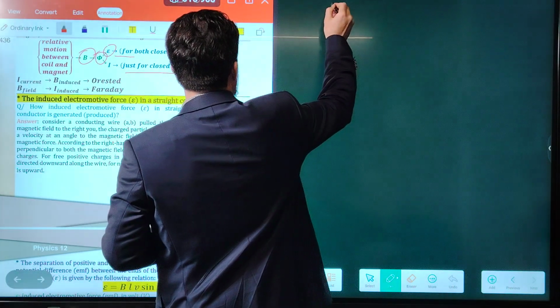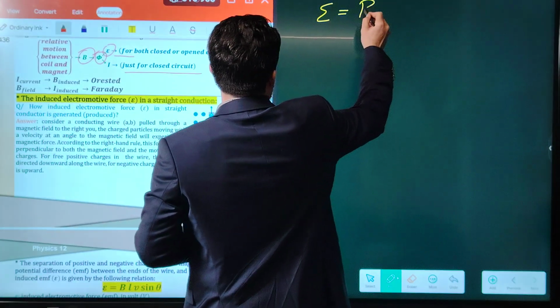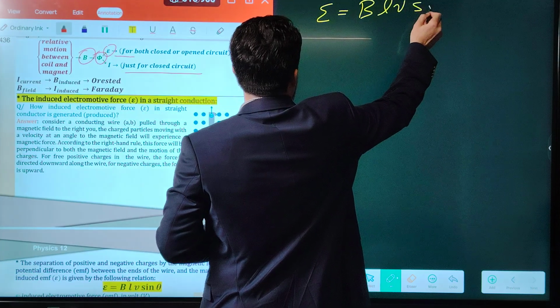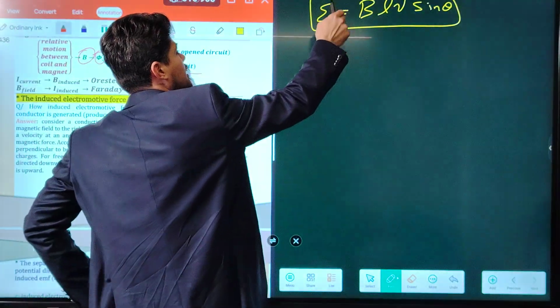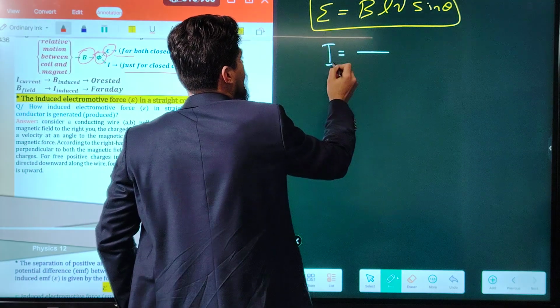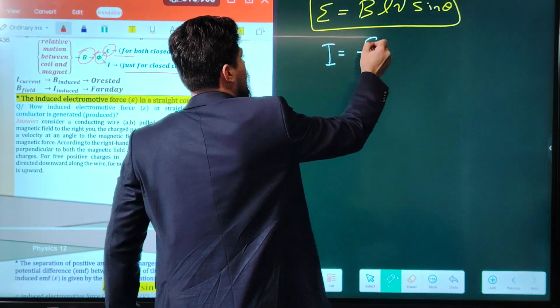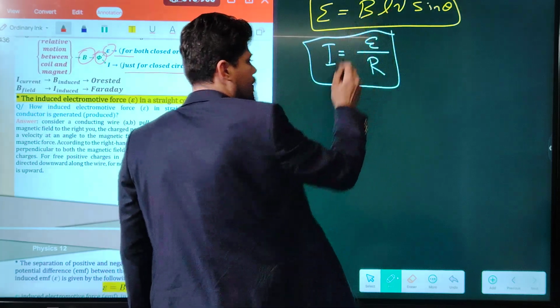Electromotive force, EMF, in a straight conductor is equal to what? B L V sine theta. After finding EMF, you can determine the amount of current. Current is equal to what for the closed circuit? EMF divided by what? By resistance.